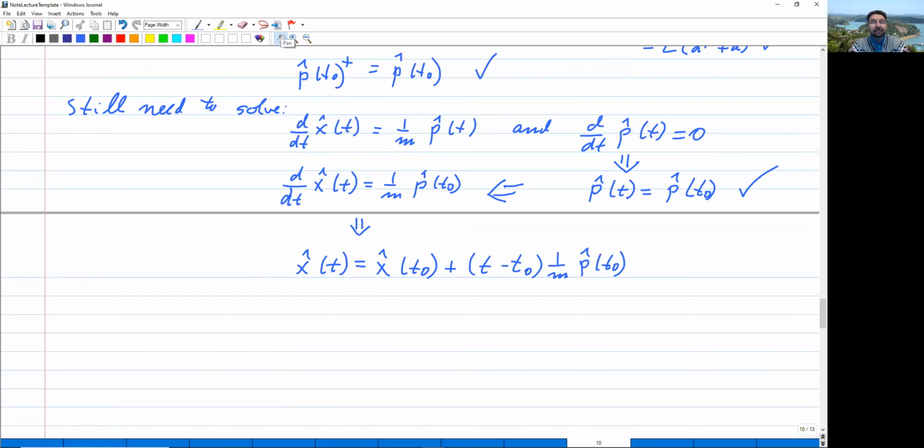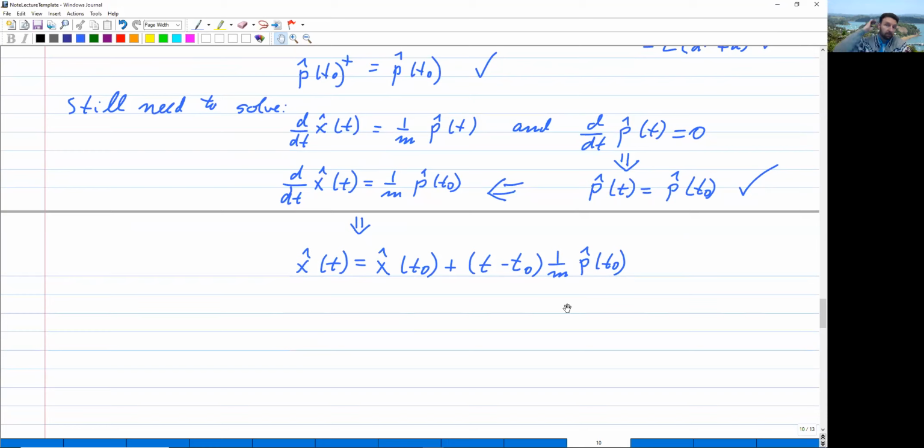We have that at time t equal t naught, the second term goes away, and the initial condition is fulfilled. X hat of t is x hat of t naught. And at some other time, the derivative of x hat of t is what? Well, the first term goes away because it's constant in time, and the second term contains a t in it, and we differentiate that, the t goes away, and we just have p hat over m, so it's also obeyed.